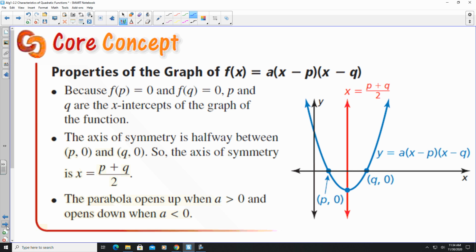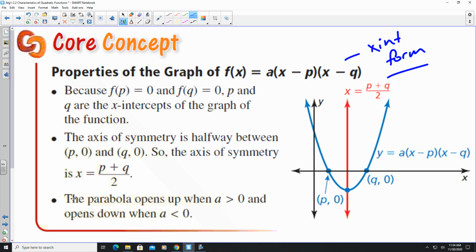Here are formulas that, again, we talked about, and how to discover x-intercepts, and also the axis of symmetry and the vertex with respect to intercept form, more specifically x-intercept form.